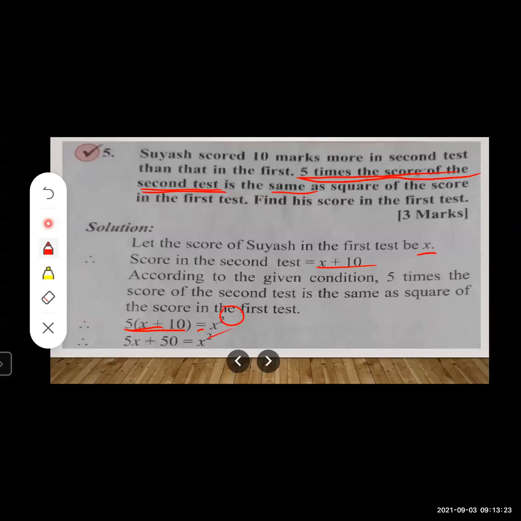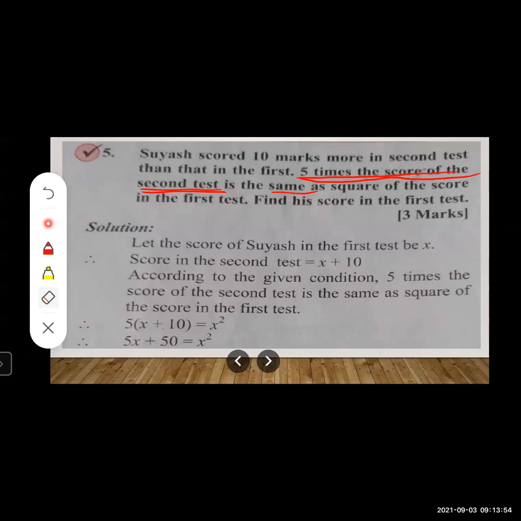So this is how you will get this equation. What is the condition given here? 5 times the score of the second test is same, same means equal, as the square of the score in the first test. I think you must have understood how this equation is found.